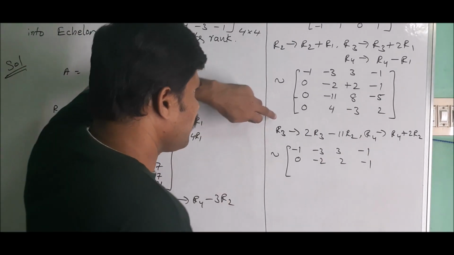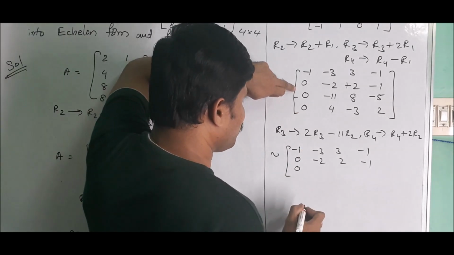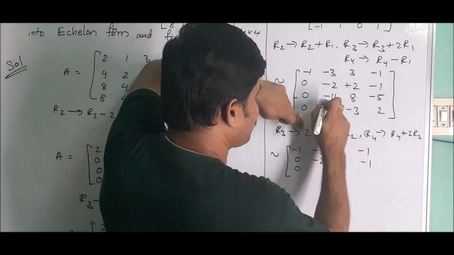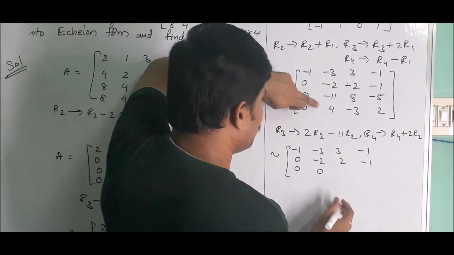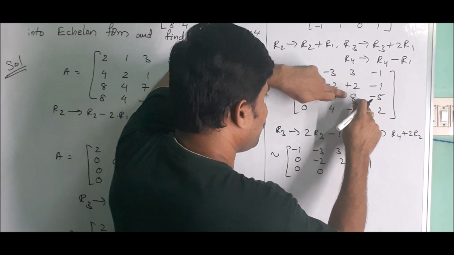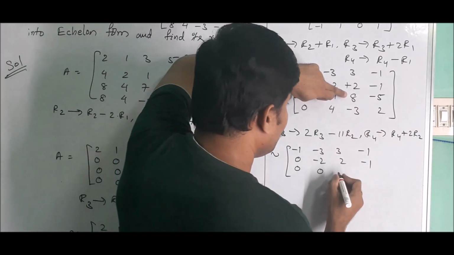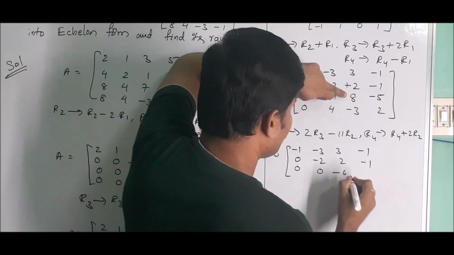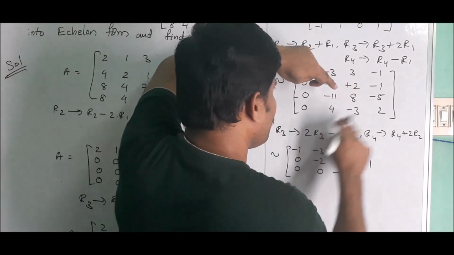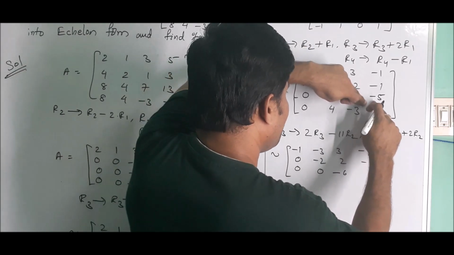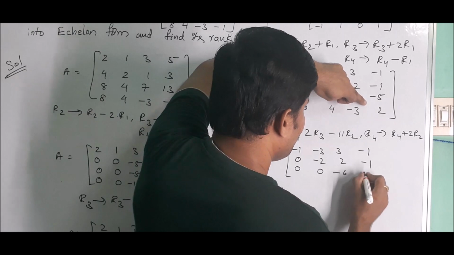Now the third row is changed by 2R3 minus 11R2. The first element is already 0. 2 into minus 11, minus 22, minus 11 into minus 2, plus 22, this is 0. 2 into 8, 16 minus 22, minus 6. Similarly, minus 5, 2 into minus 5, minus 10, minus 10 plus 11, 1.